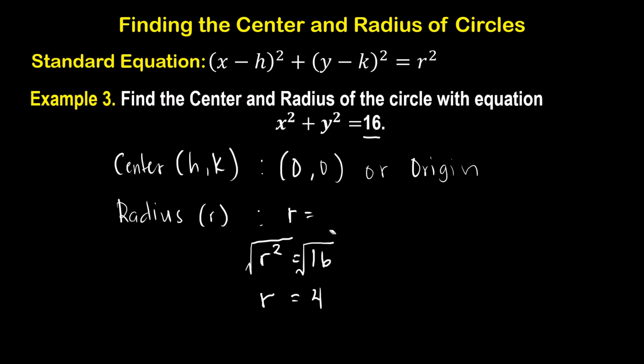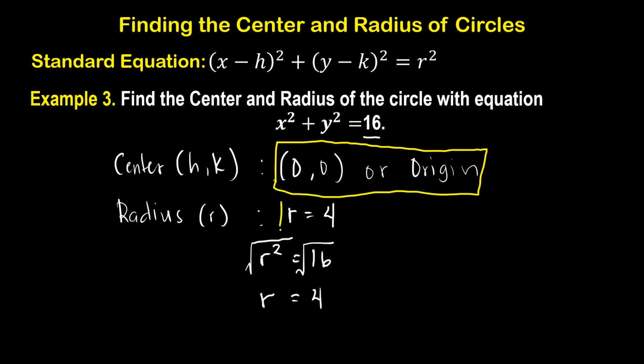Therefore, the value of r is equal to 4, which is the radius of the circle. Hence, our center is at (0, 0), or at the origin, and our radius is equal to 4. So that's how you find the center and radius of the circle when the equation is in standard form.